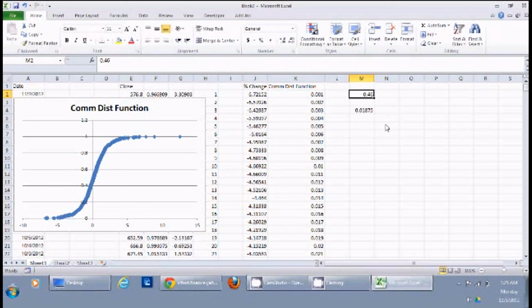We'll put it as 0.7 here right now. So there is a 70%.